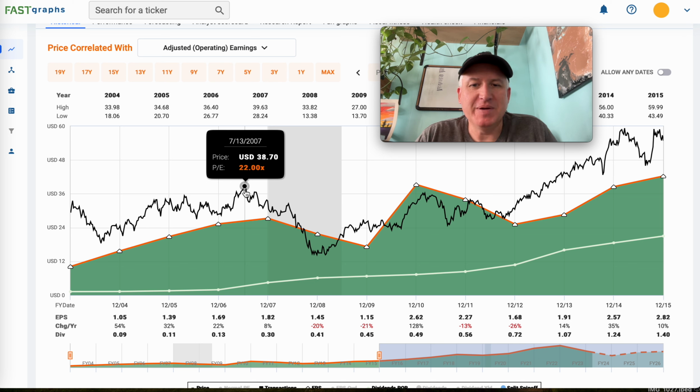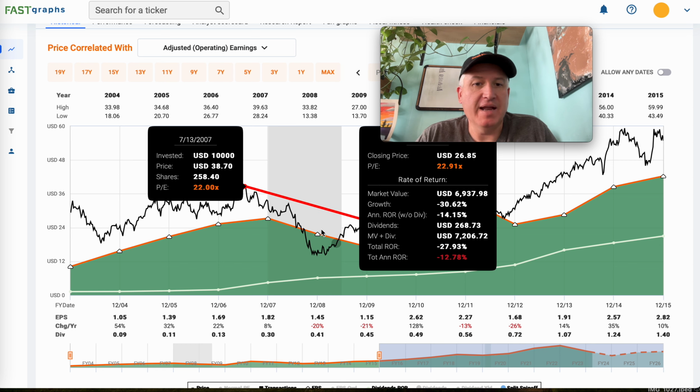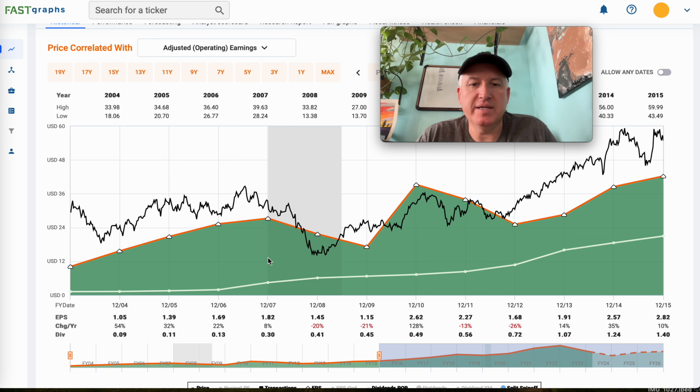So the difference between then and here, if I just go back to where it was at 22, and again, I'm not picking the bottom of this down cycle, is 30%. The reason for that is because earnings had fallen 30 to 40% during this time, right? So it would have looked like the valuation was the same if you were buying it in 2009 as if you were buying it in 2007. But because of these earnings fluctuations, it wasn't.